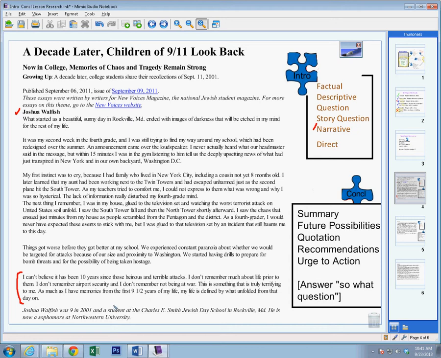As much as I have memories from the first 9.5 years of my life, my life is defined by what unfolded from that day on." And I think the key here is this last sentence.